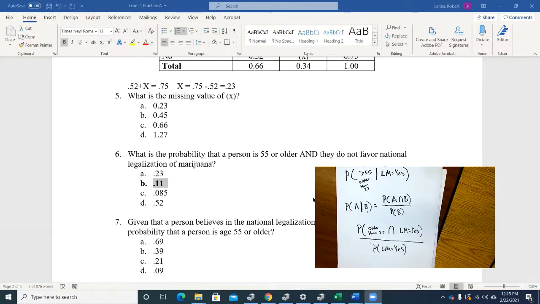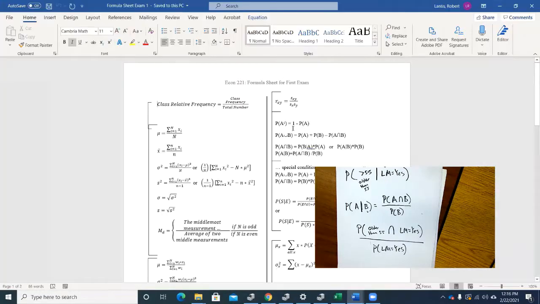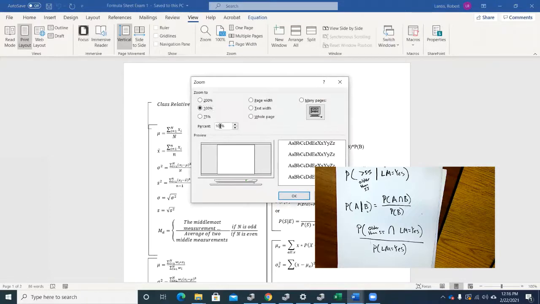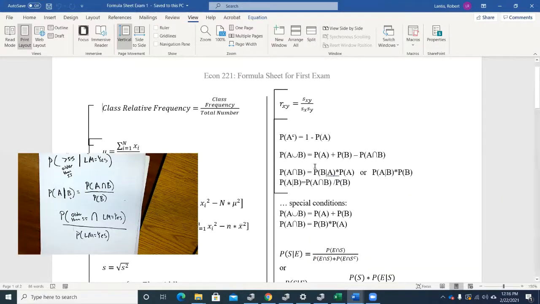So first of all, where did I get this general form of the equation? Right? If I look at this formula sheet, we'll zoom in so we can see things a little bit better. Over here on this right-hand side, give you guys a little more time to write it down then.